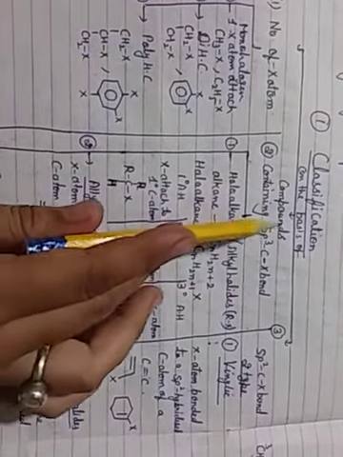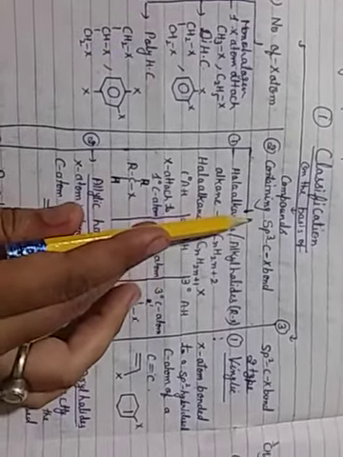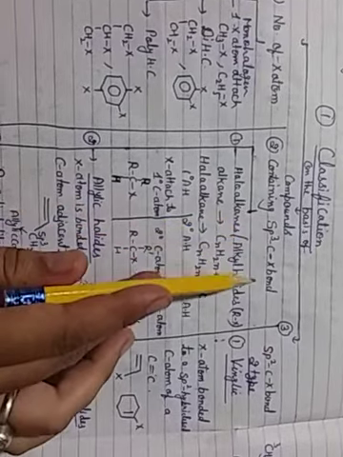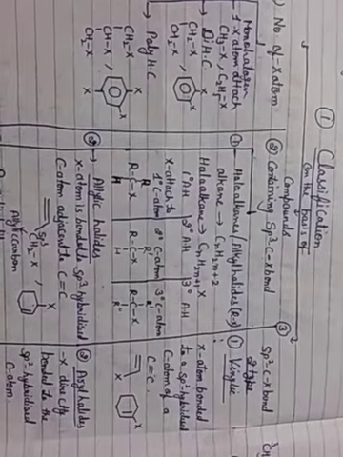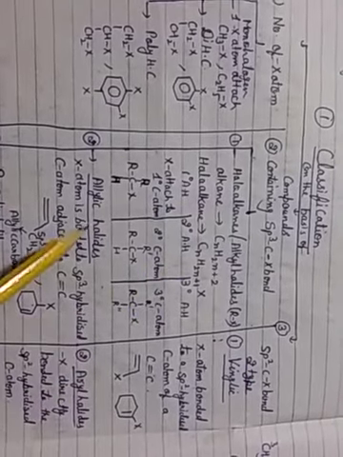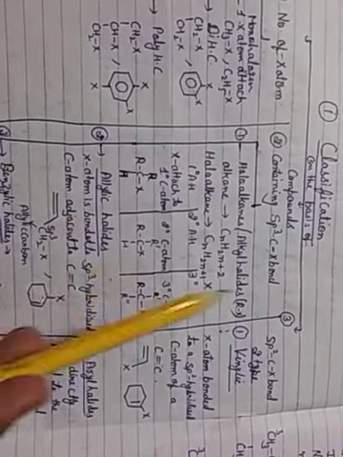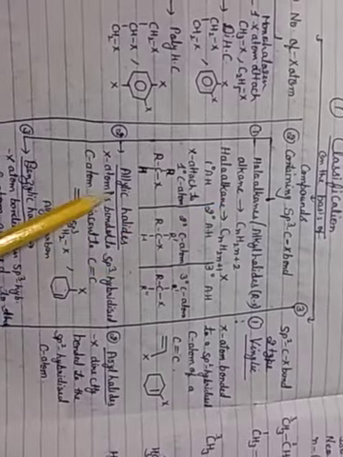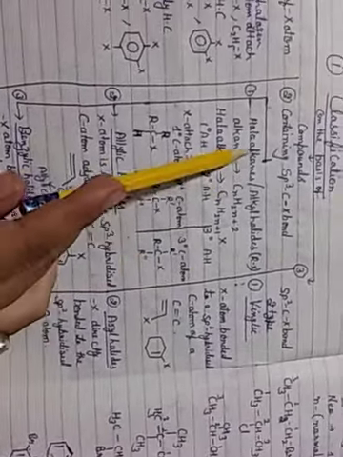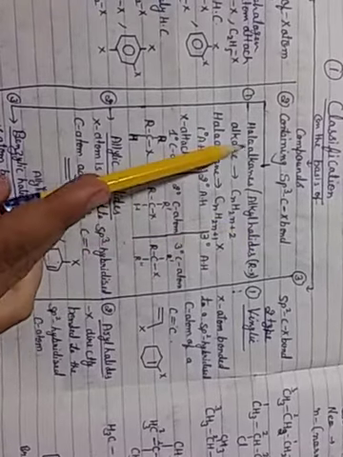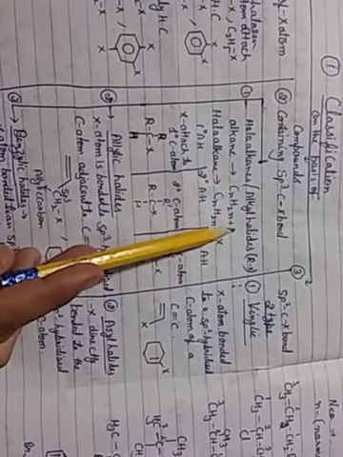Then second, classification on the basis of compounds containing sp3 carbon-halogen bond: first haloalkanes, second allylic halides, and third benzylic halides. First is haloalkanes, like alkyl halides.